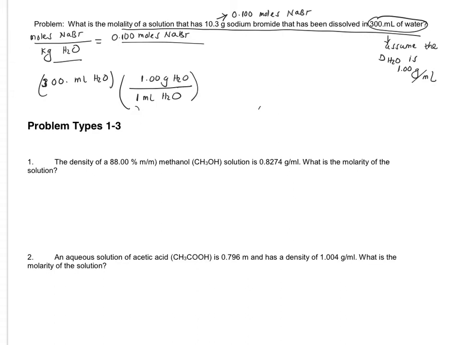And then what we can do is convert the grams to kilograms. So we have 1,000 grams of water per 1 kilogram of water. And this ends up giving us 0.300 kilograms of H2O.